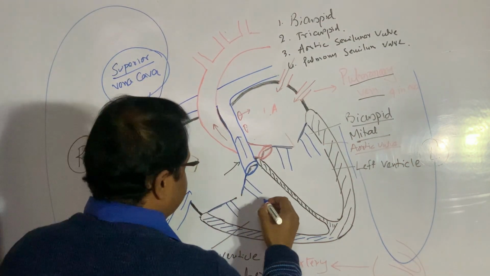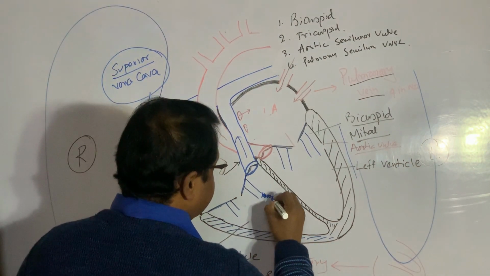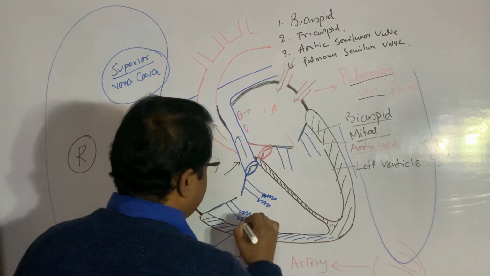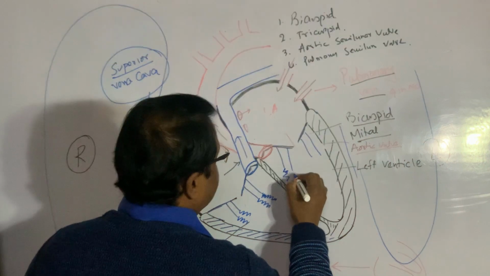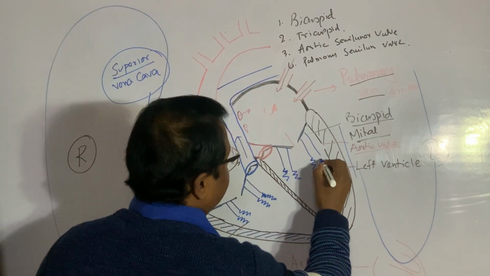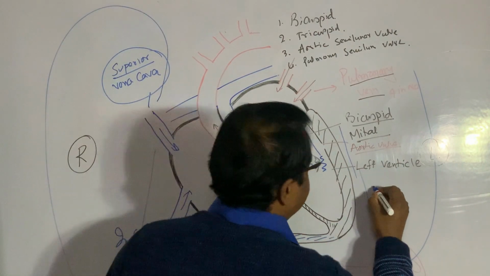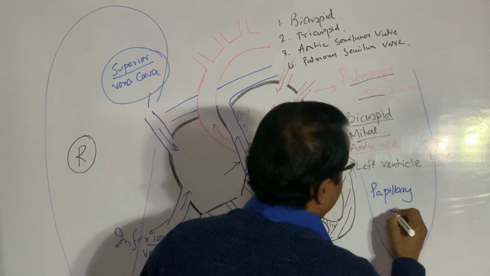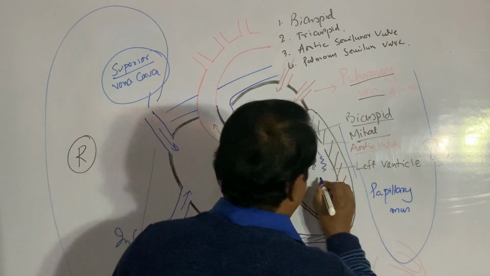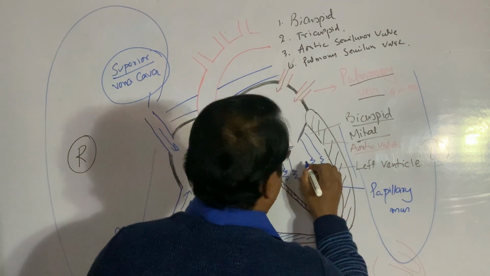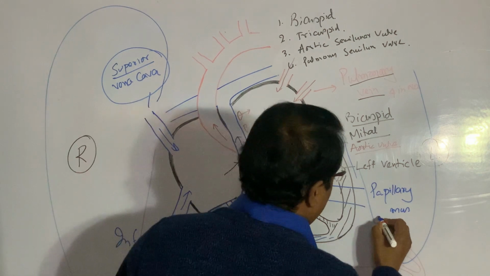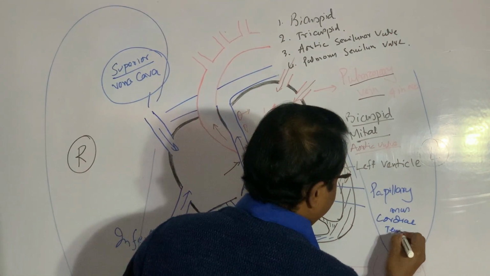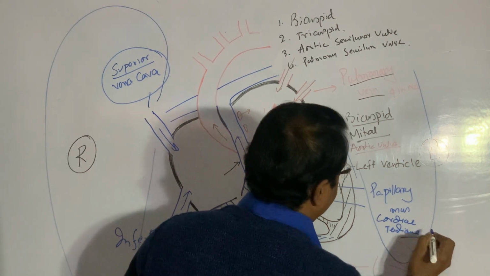Chordae tendineae are attached with the ventricular muscle wall by a special type of muscle called papillary muscle. That is papillary muscle, and that is chordae tendineae.